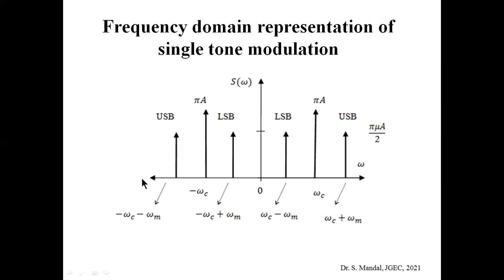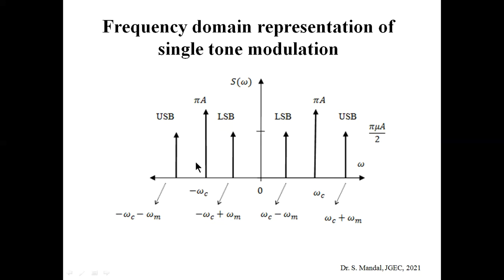In case of frequency domain representation, we plot omega along the x-axis and S omega along the y-axis. Here you can see that at omega c plus omega m and omega c minus omega m, there are two impulses whose amplitude is pi into mu A by 2. This corresponds to the upper sideband and this impulse corresponds to the lower sideband.